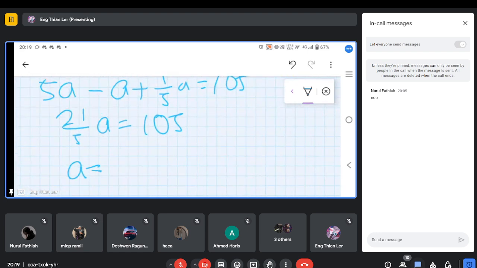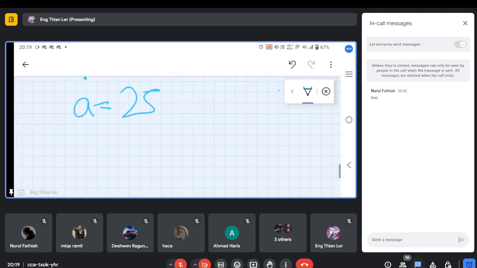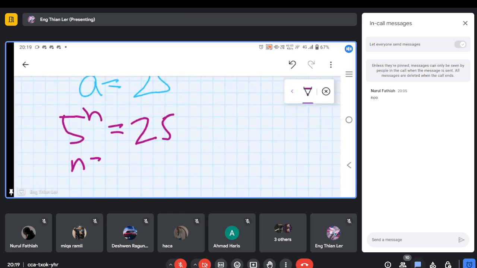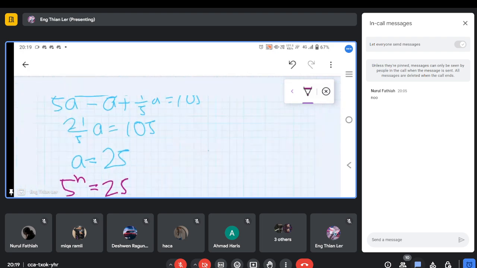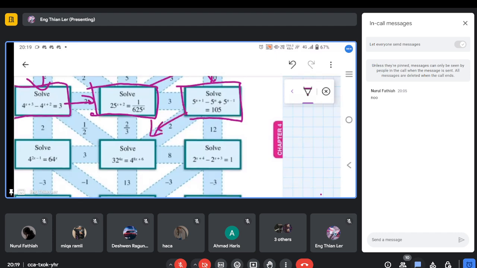We just divide 105 by this. We got 25. And what is a again? 5 to the power n. So we can write 5 to the power n equal to 25. We know that 5 squared is 25, right? So we can just write n equal to 2. Very simple. So 2. Okay, go here.